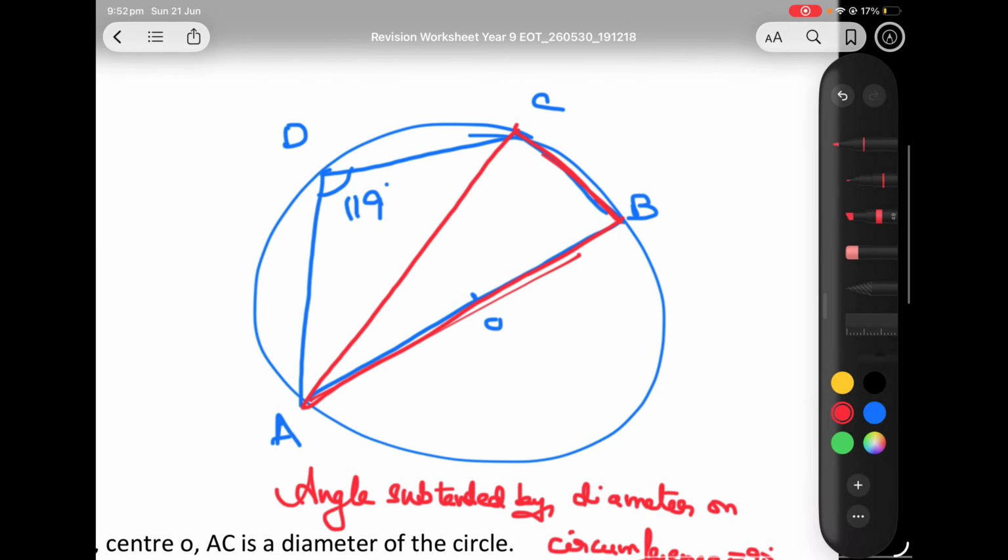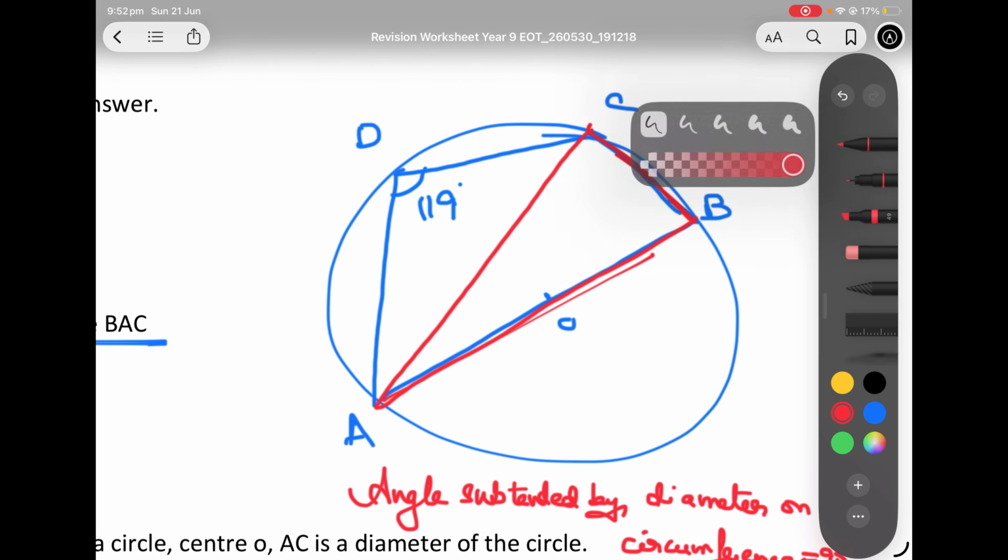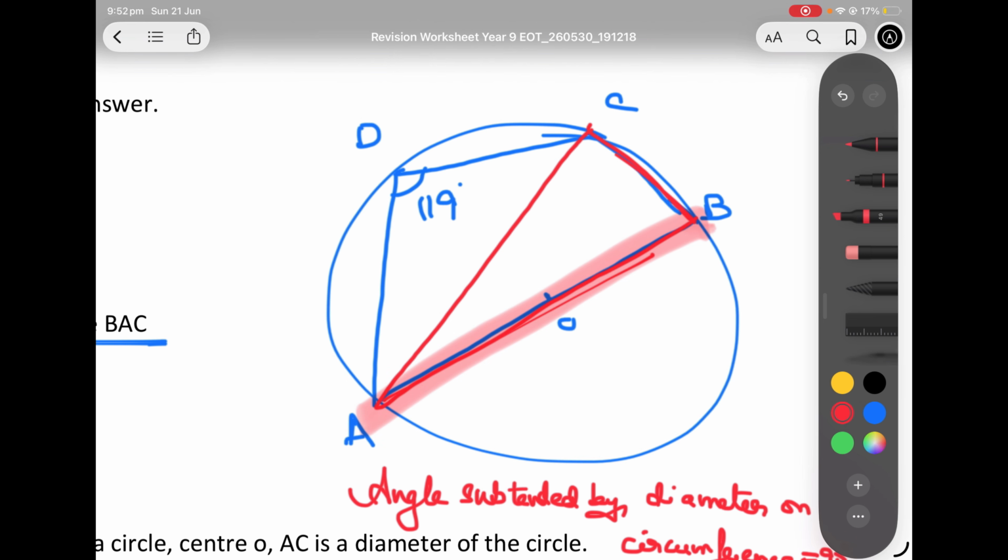That means this is the diameter that you have, and it is making an angle on the circumference. Then this angle will be 90 degrees. This angle measure will be 90 degrees.